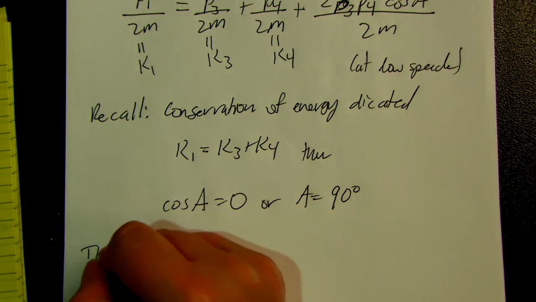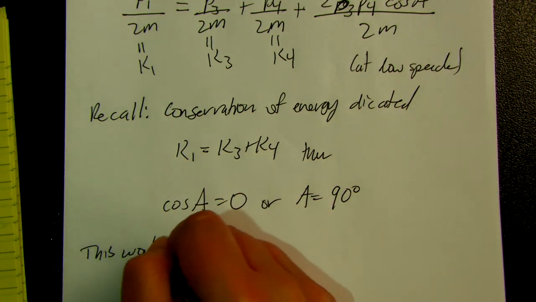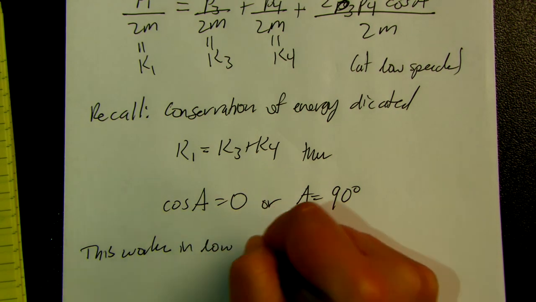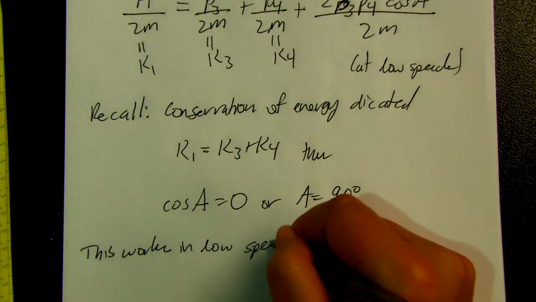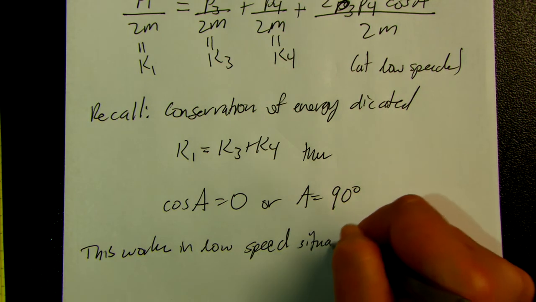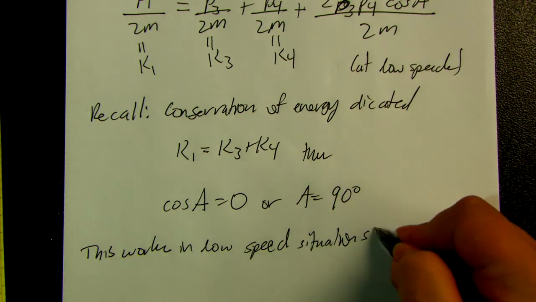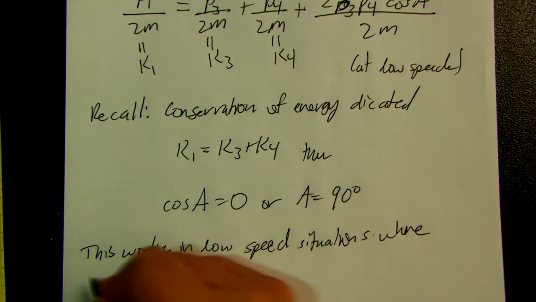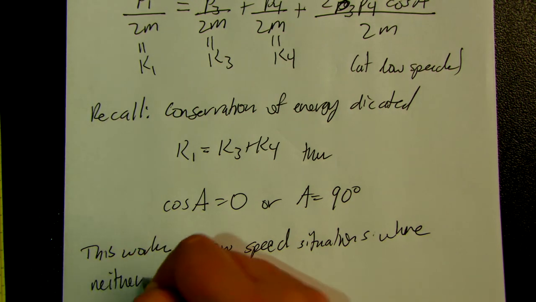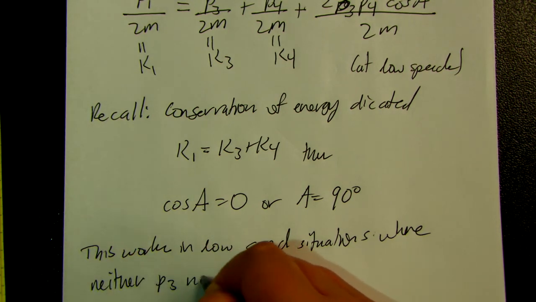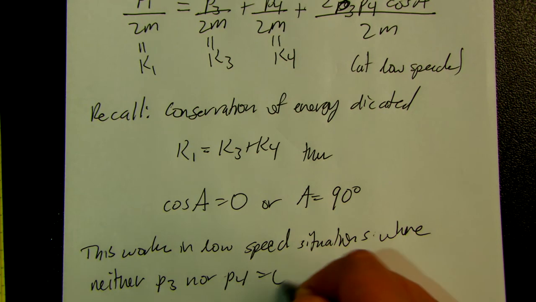So this works in low speed situations where neither P3 nor P4 is 0.